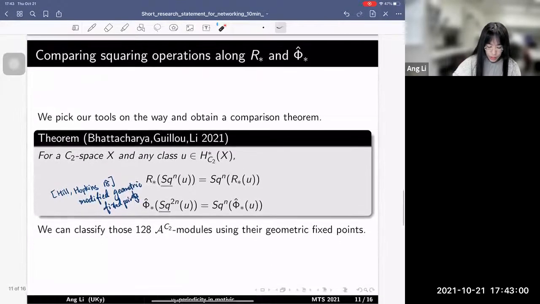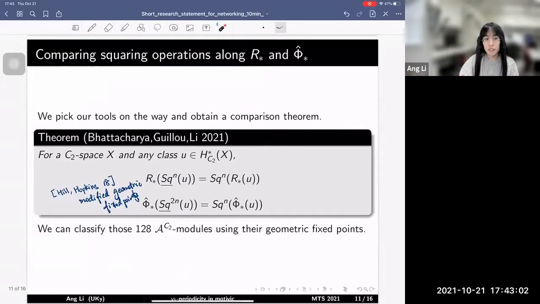Okay, cool. We also have this configuration theorem that arises from the fact that both the underlying and the geometric fixed point induce maps between the C2-equivariant cohomology and the classical cohomology. Roughly speaking, they also interact with the Steenrod operations. The underlying of the equivariant Sq^n gives you the non-equivariant Sq^n back.